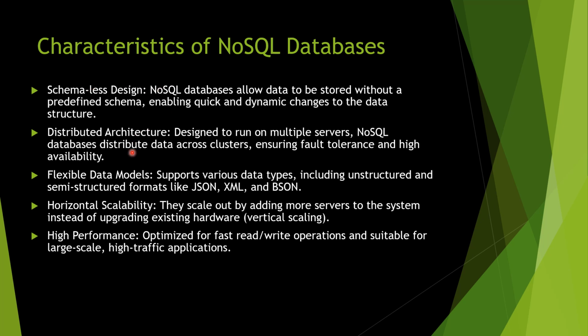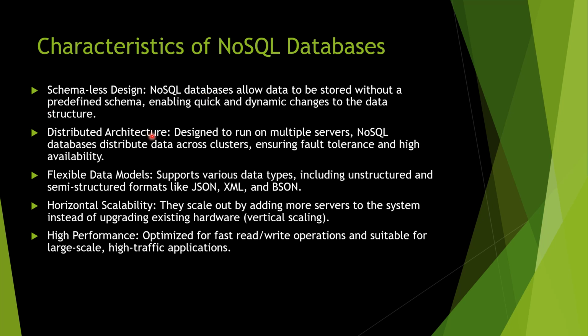Alright, now let's dive into what makes NoSQL databases so unique. Here are the key characteristics you need to know about NoSQL databases. First one is schema-less design. Unlike traditional databases, you don't need a fixed schema upfront, which means you can add new fields or change the structure anytime without breaking anything. Distributed architecture.